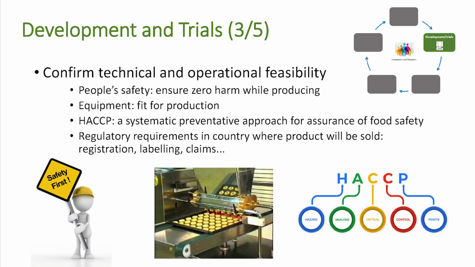If you introduce a new process that is going to harm them all, the following day they are on sick leave, who is going to produce your product? You need to make sure that the process you are putting in place is not harmful to people. If you introduce a new material, you may need to see if this material is not harmful. Maybe it causes allergies, and your workers will use it and get allergies, and the following day they will not come, and nobody is there to produce.